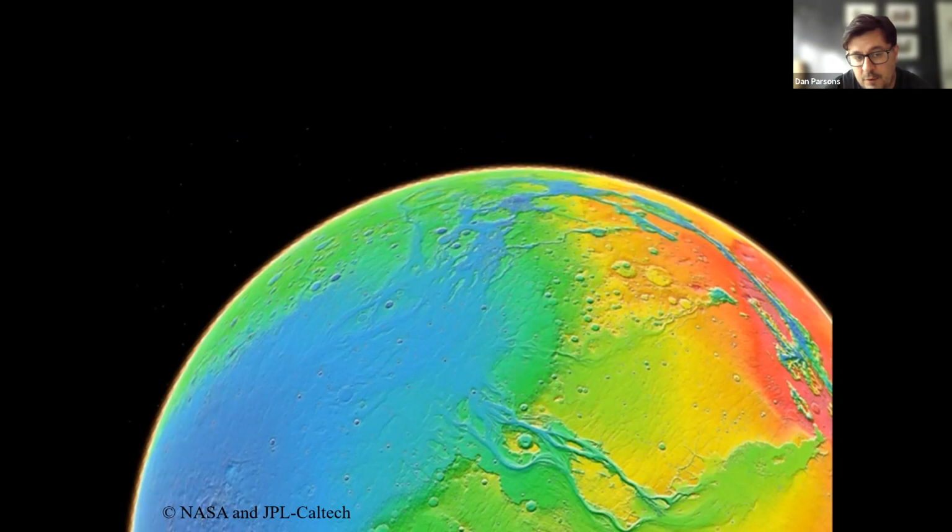You have these big outflow channels on Mars that were produced by mega floods draining what were thought to be ice fields in the early paleo Mars, and again some of these are thousands of kilometers long, but their length is not really coming up to the sorts of lengths that we see in submarine channels.